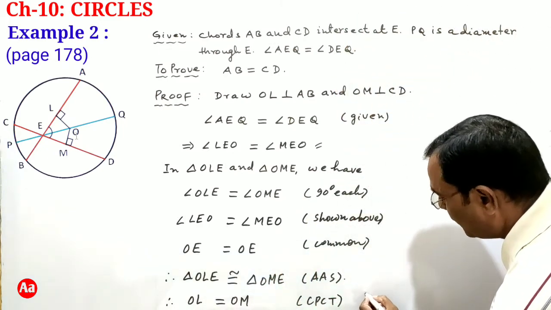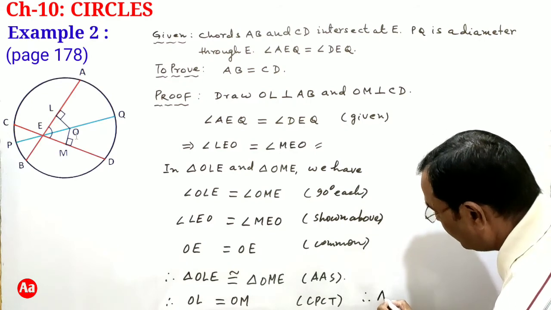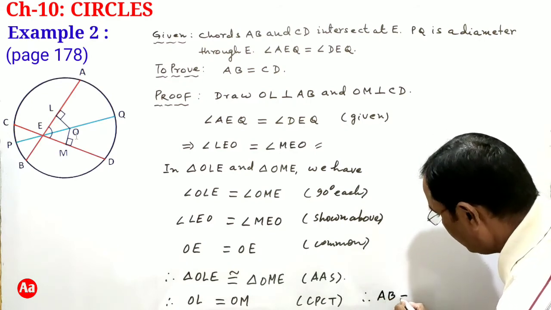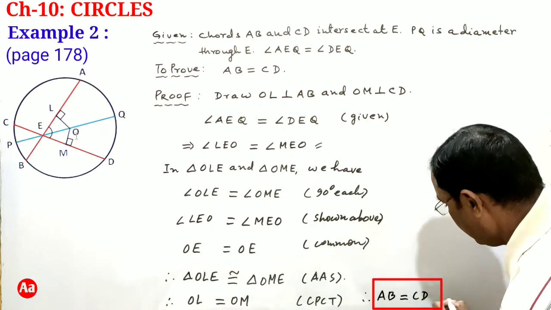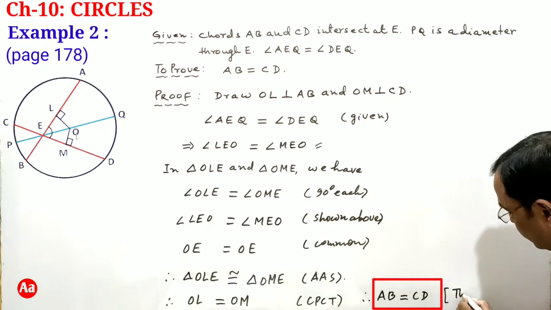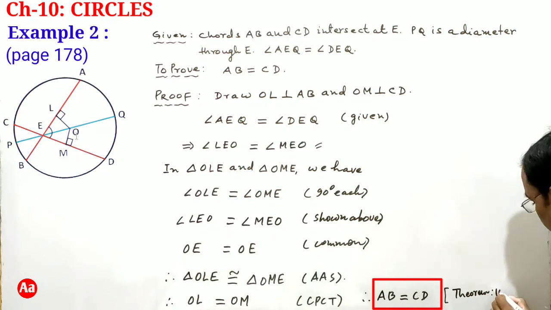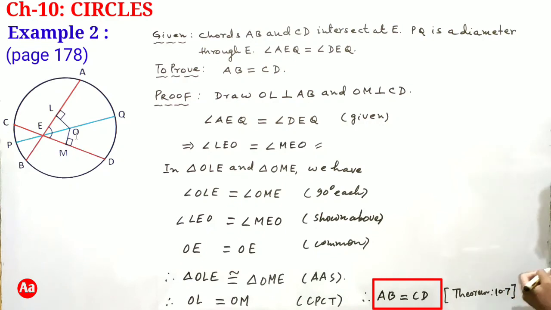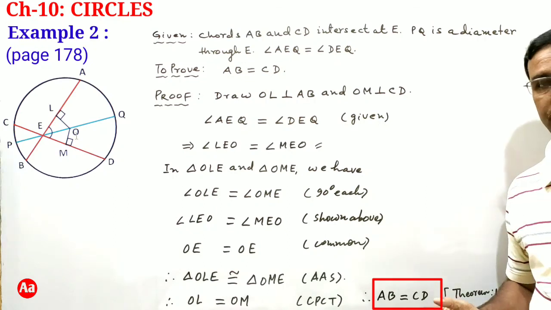So therefore AB is equal to CD. Reason: theorem 10.7. Chords equidistant from the center of a circle are equal.